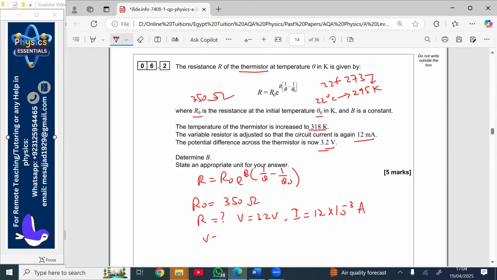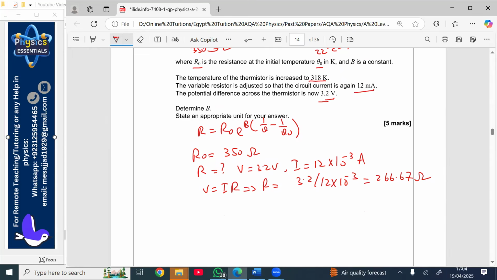So V equals IR, and from here R is 3.2 divided by 12 into 10 raised to the power minus 3, which equals 266.67 ohms.